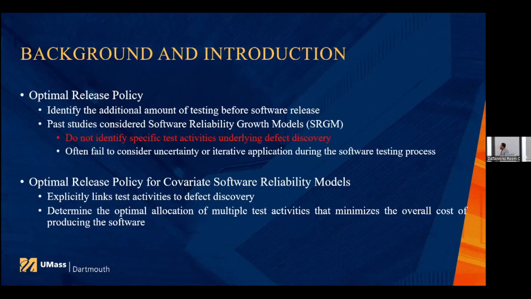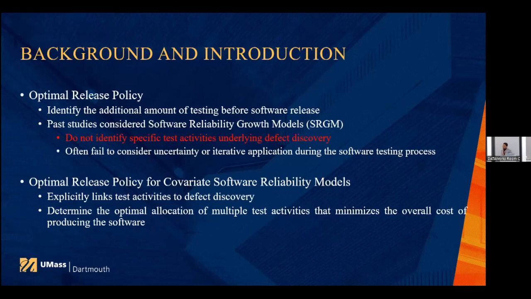Past optimal release policies identify additional amounts of testing before software release, and they also consider software reliability growth models, but they do not identify specific test activities underlying defect discovery, and they often fail to consider uncertainties or iterative applications during software testing.